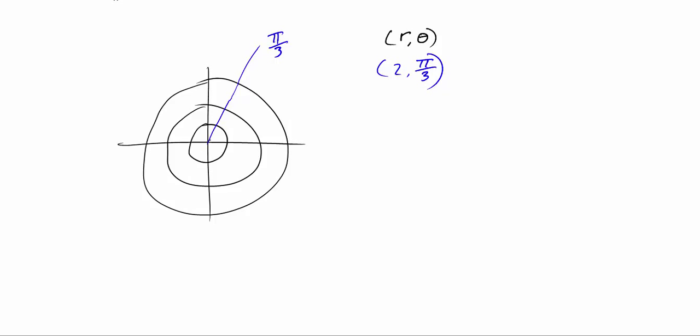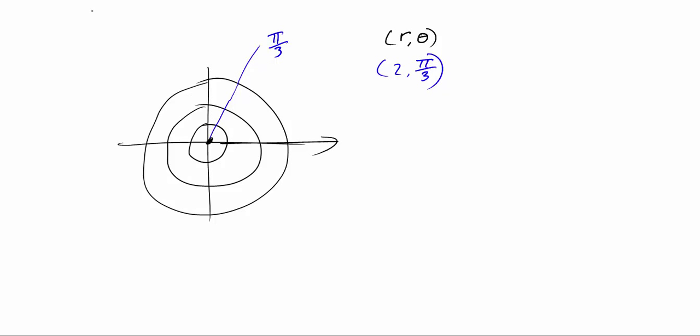So keep in mind this point right here is the pole right at the center. So you can imagine if you were standing right here at the pole or the origin, and imagine that you're facing this direction here, and if you want to turn yourself pi over 3, you would turn to the left until you're here at this angle of pi over 3.